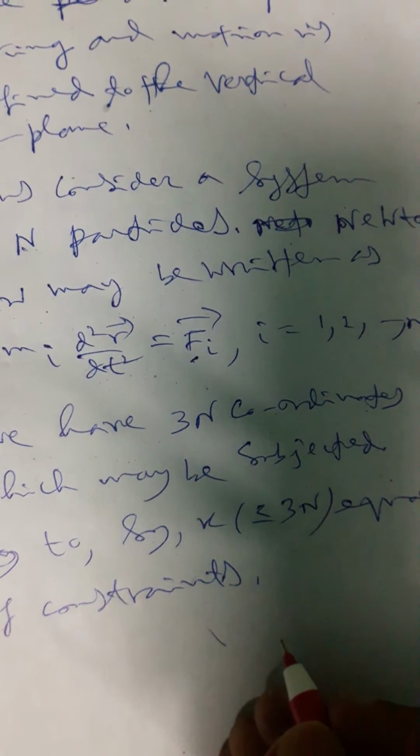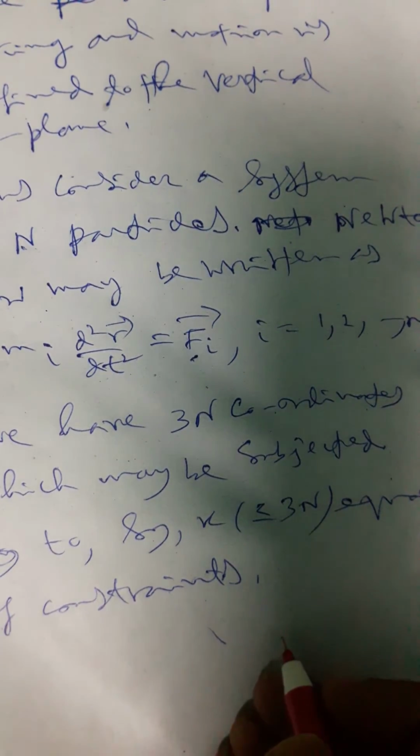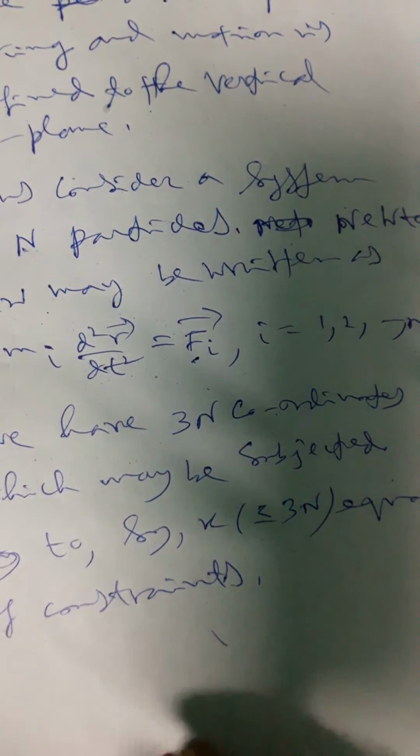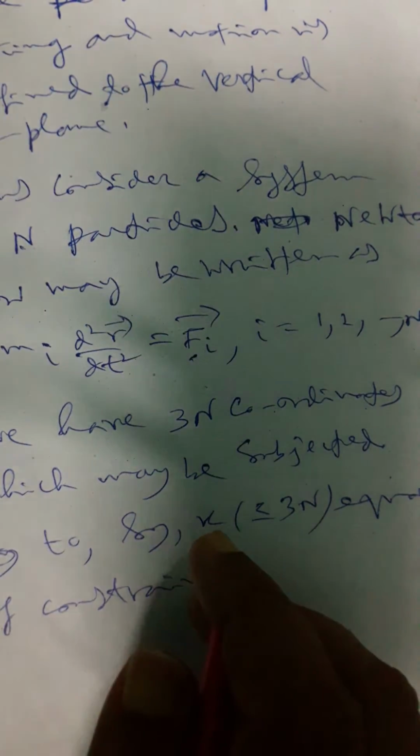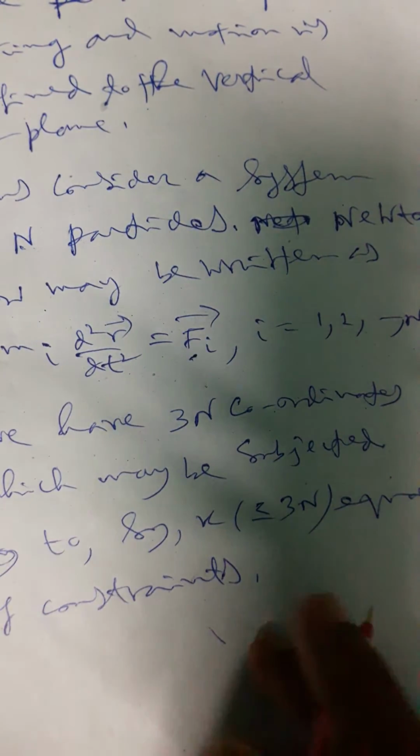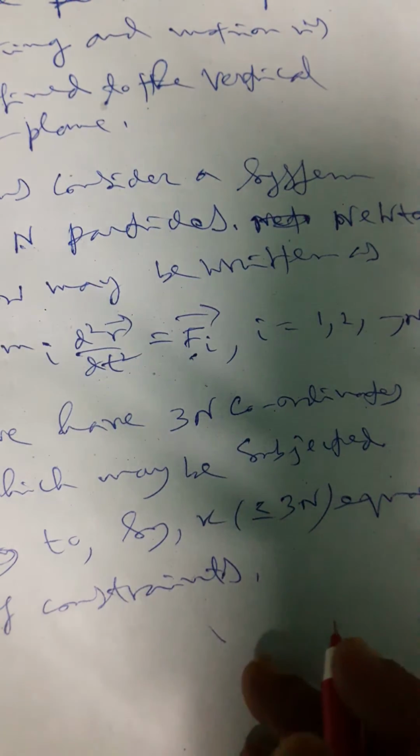Now the number of degrees of freedom, which is a new term included in physics, means the number of independent dimensions.